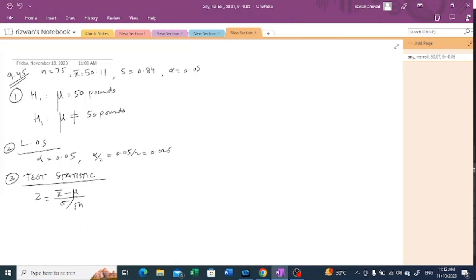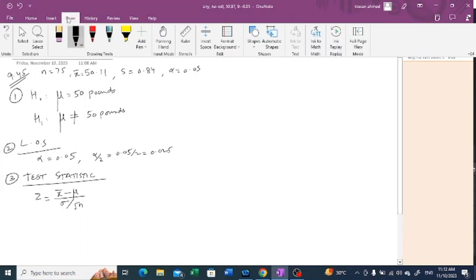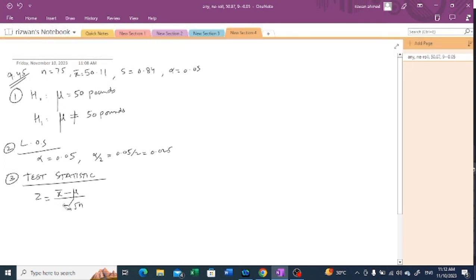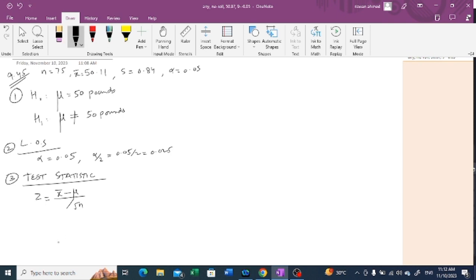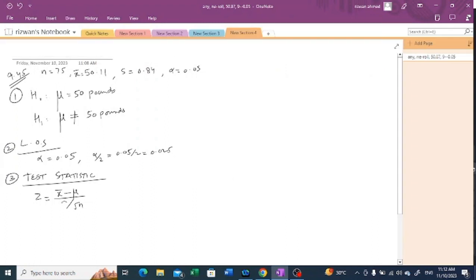So we need to change this to s. For this reason I am using an eraser over here, and I would change it accordingly. So this is the standard deviation of the sample that we need to indicate here.